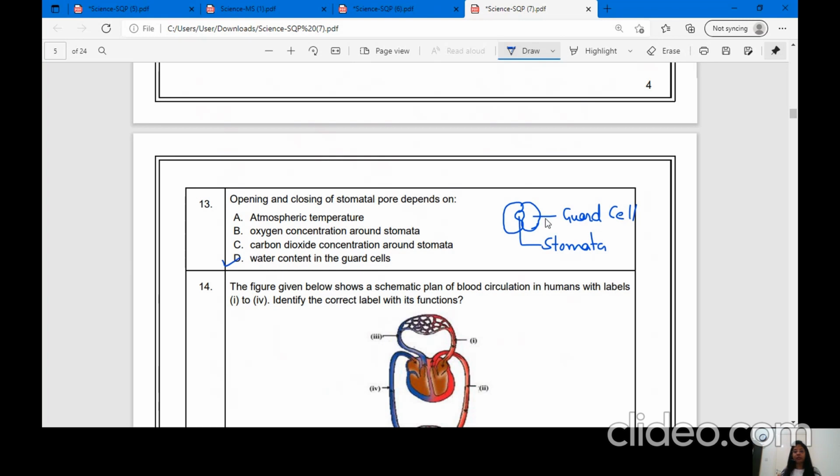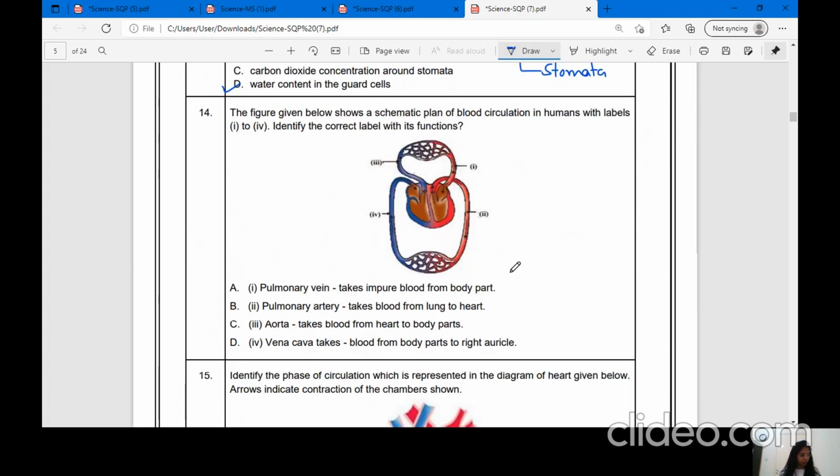When the guard cell will have a sufficient amount of water, it will swell up, it will become turgid, and in between the guard cells the stomata will open. And when water from the guard cell will move out, then the inner walls of the guard cells will come closer and the stomata will close. So option D is the right answer. So I feel this is very easy. So double click.